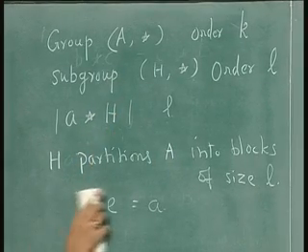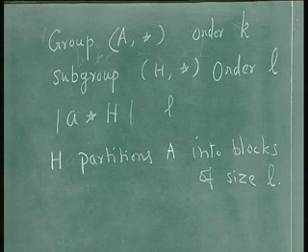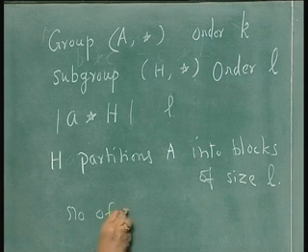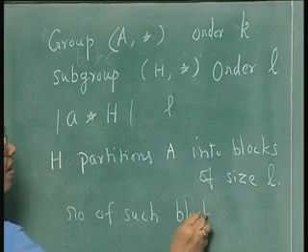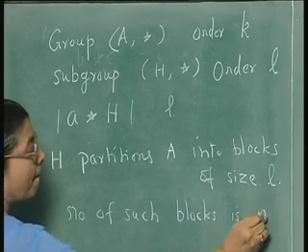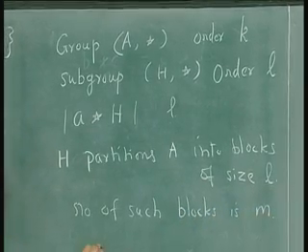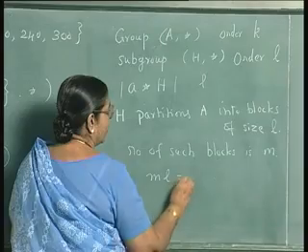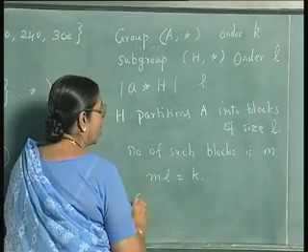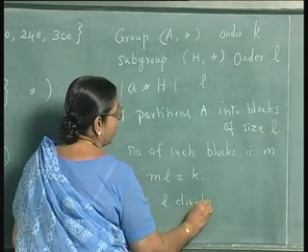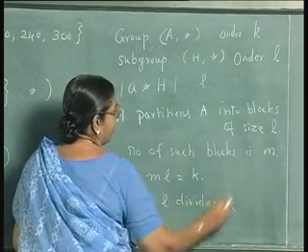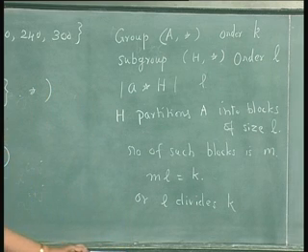So, you can see that H partitions A into blocks of size L. Suppose the number of such blocks is m, then you see that m into L is equal to k, or L divides k. M is an integer because the number of blocks is an integer.